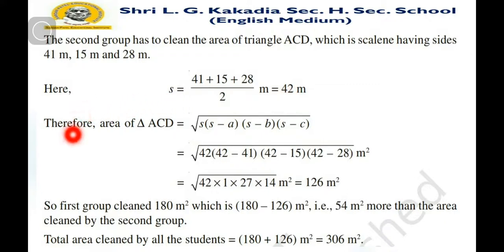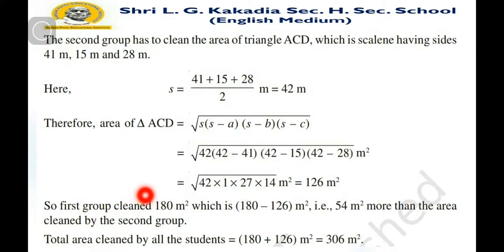So by Heron's formula, the area of triangle ACD is equal to square root of s into (s minus a), (s minus b), (s minus c), that is 42 into (42 minus 41), (42 minus 15), (42 minus 28). So hence we get 126 meter square as the area of ACD cleaned by the second group.